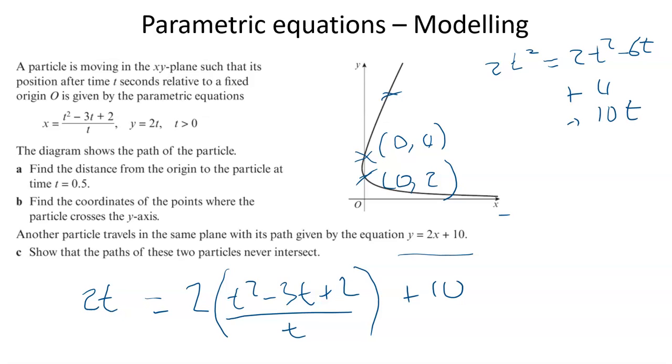And now we can just rearrange all this and get it into a quadratic. So 0 on one side, we've got 2t squared on one side, and we've got 2t squared on this side.